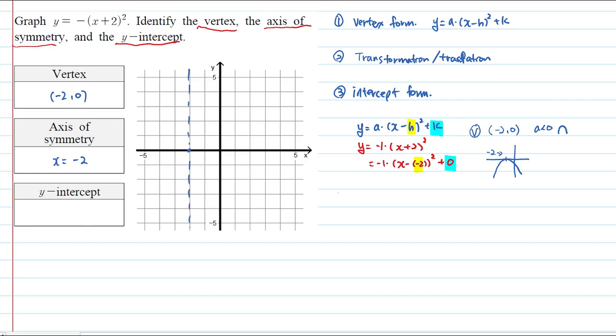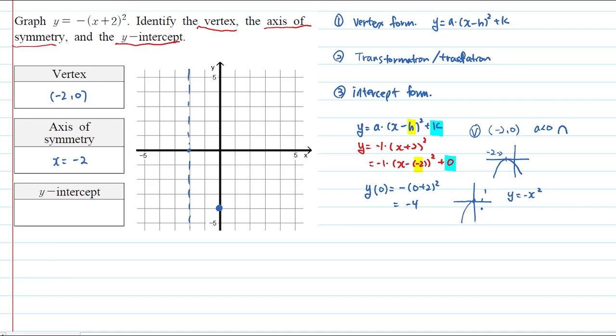And the y-intercept, you have to plug in 0 for x. So you plug in 0, that's negative (0 plus 2) squared, that's negative 4. So we know that it's passing through negative 4. And also, since it's negative 1, if you remember the parent function, the parent function will be negative x squared.